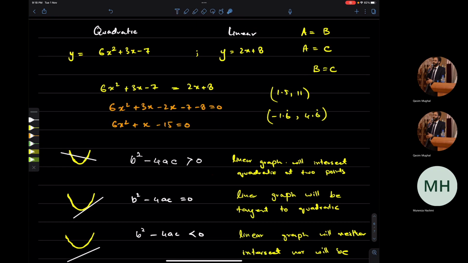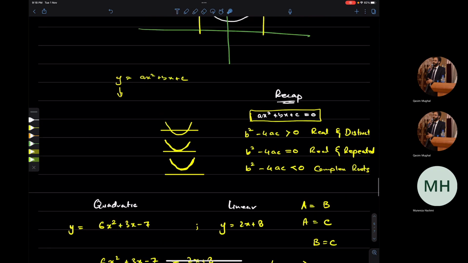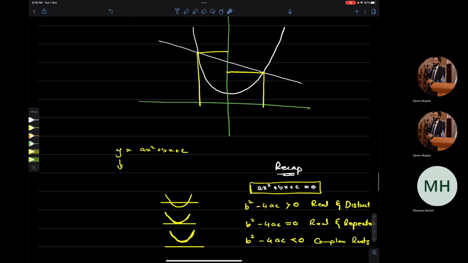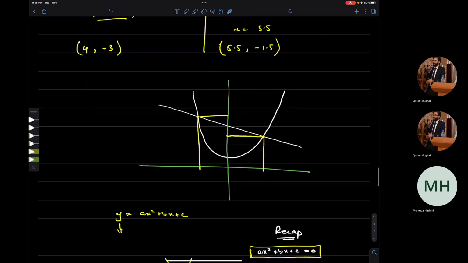So now I'm going to repeat the concepts here. Solving the quadratic and linear together means looking for the intersection of a quadratic and linear graph. That's a very simple concept. You can solve them simultaneously the way we've done up here.